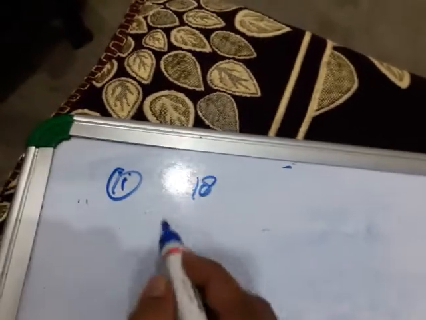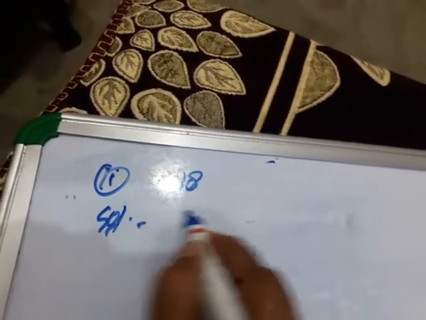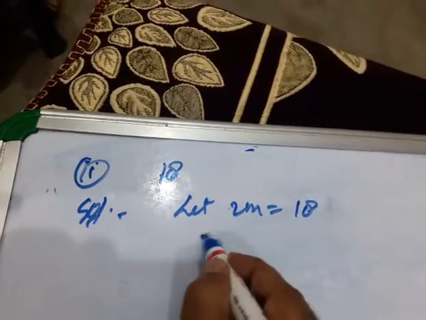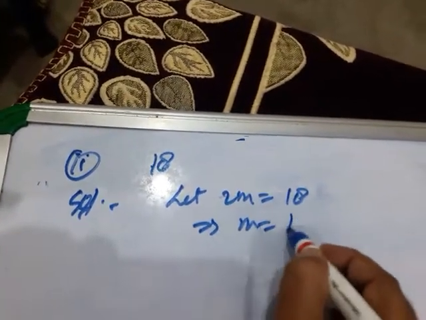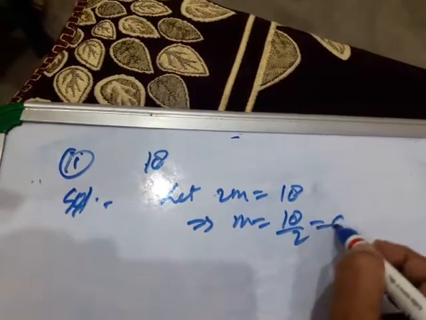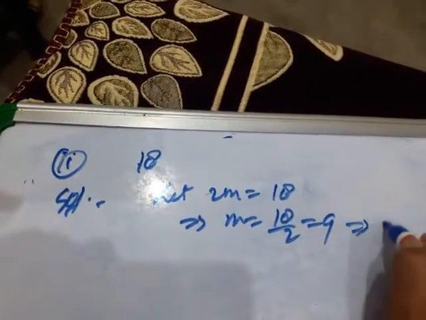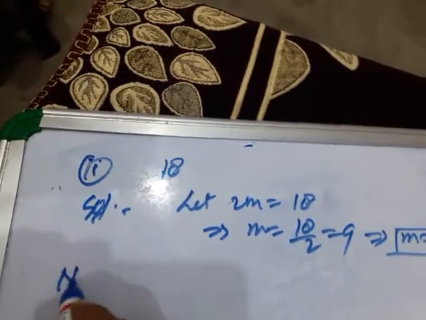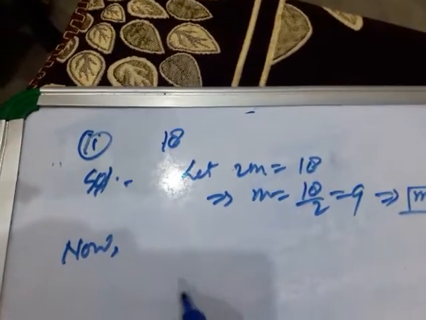Now let us start. Let 2m = 18. This implies that m = 18/2 = 9. Clear children? Now what is the next member of the Pythagorean triplet?